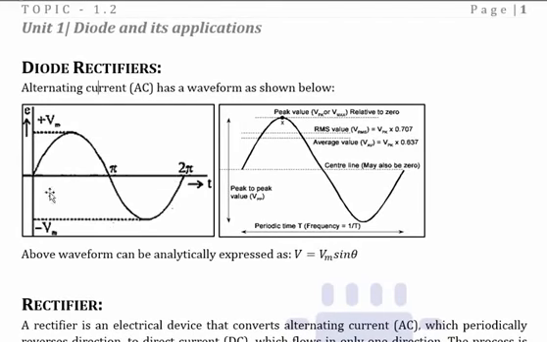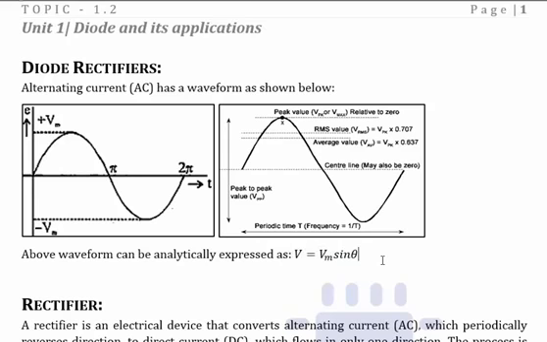So before starting, we must know some basic fundamentals about the AC signal. This is a sinusoidal signal, and if you want to represent this signal using a mathematical equation, we can represent it by this equation: V equals Vm sin theta.